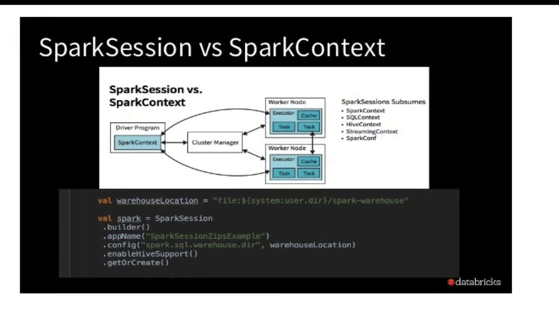This is a familiar diagram which we discussed in the previous lectures as well. This is a code snippet and it correlates with the Apache Spark architecture. Here we are creating a Spark session, and on top of it we are configuring our Spark session, saying how we want our session to behave.